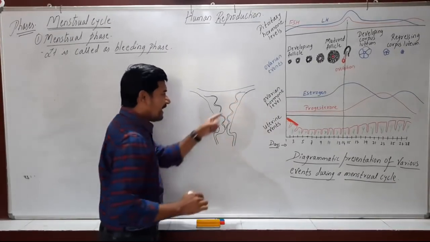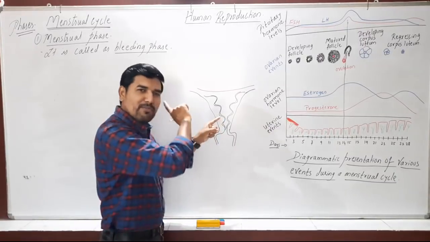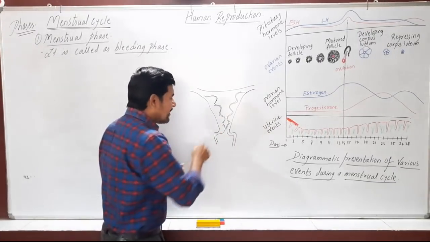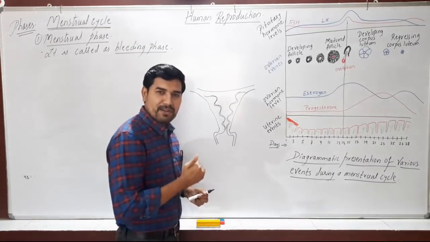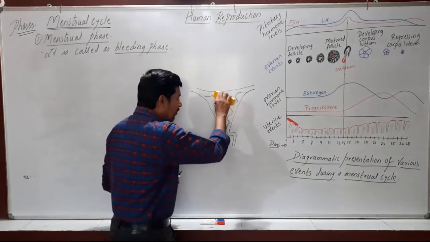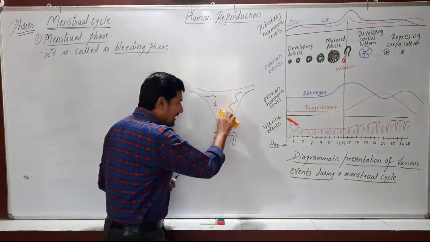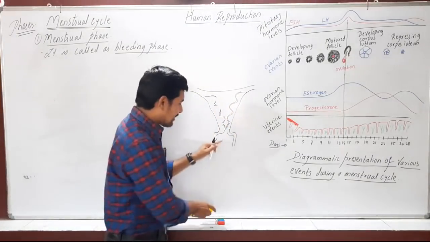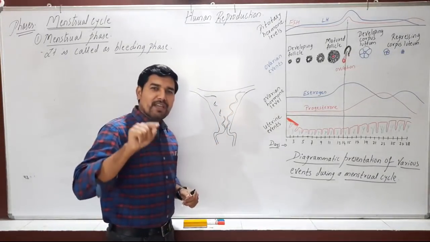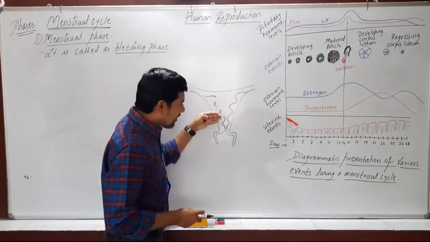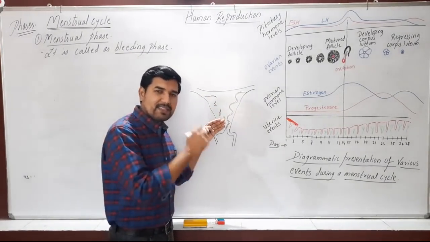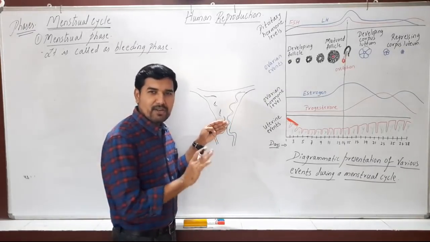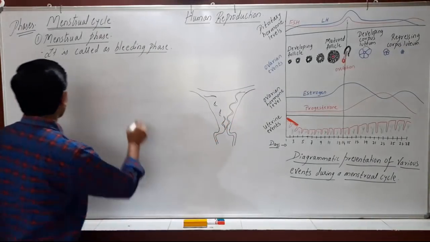During the menstrual cycle, this endometrium gets shed off, ruptured. When it gets shed off and ruptured, it leads to bleeding. That's why the menstrual phase is said to be the bleeding phase. Shedding of the endometrial wall leads to bleeding, and hence the name menstruation or menses.